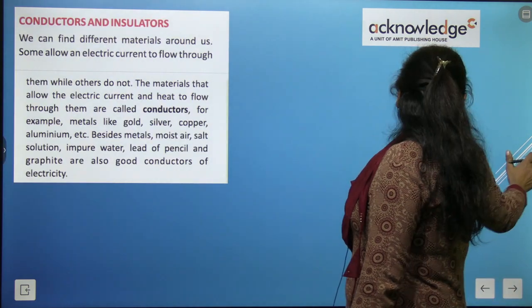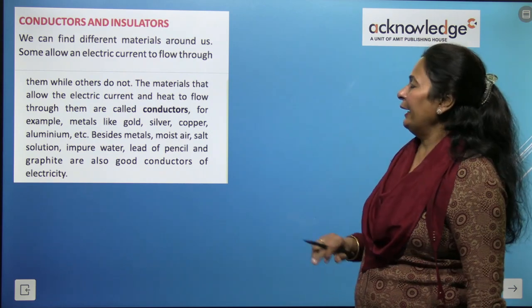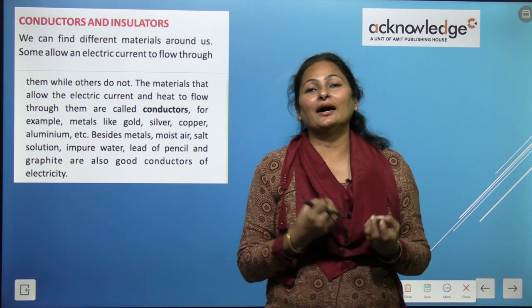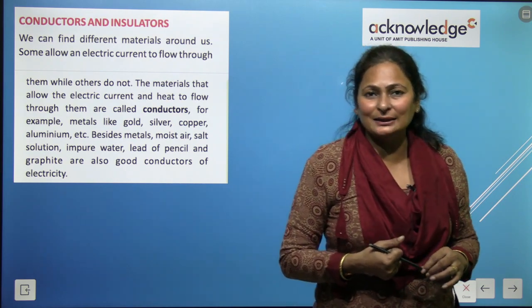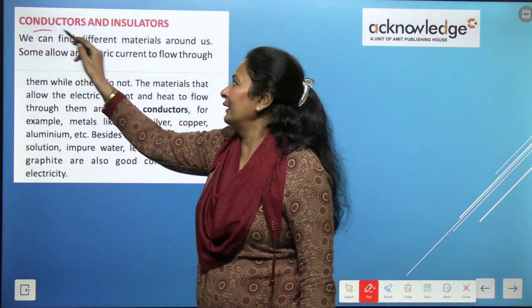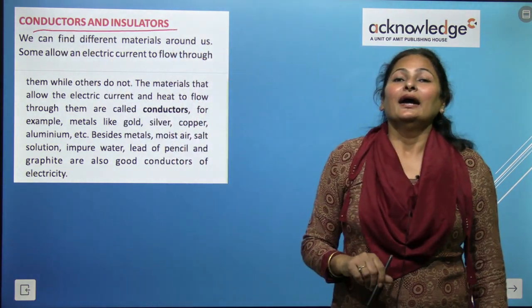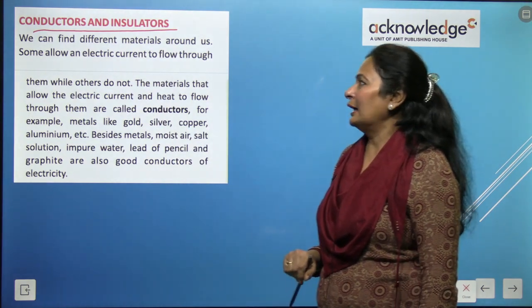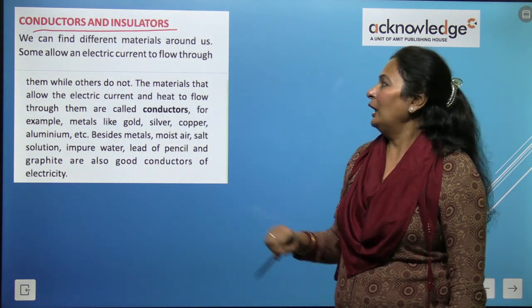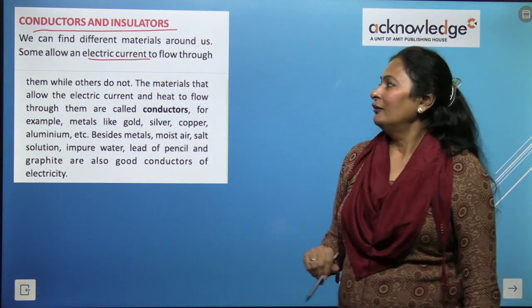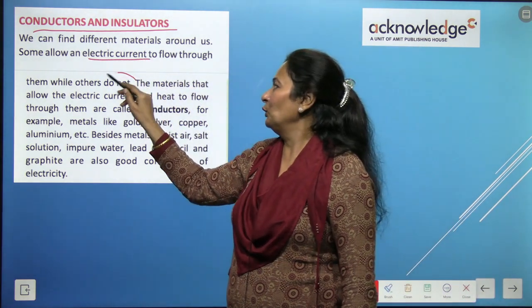Now conductors and insulators. I told you why the wires are covered with plastic or with rubber. Let's see, we will cover conductors and insulators here. When we look at the materials around us, some allow an electric current to flow through them while others do not.